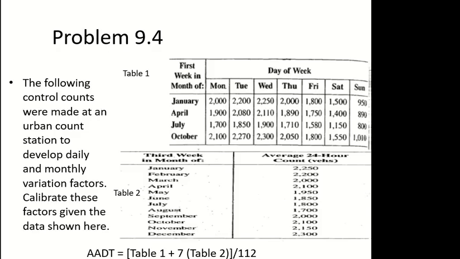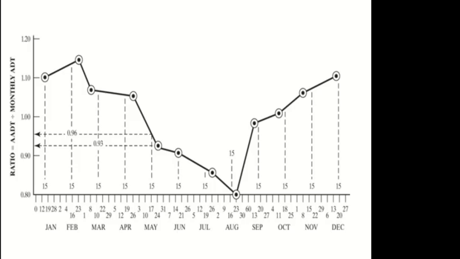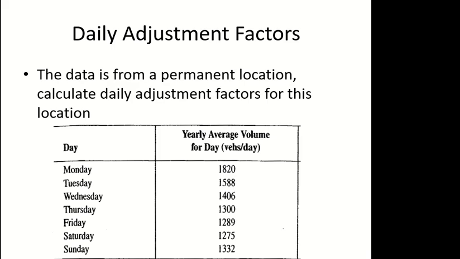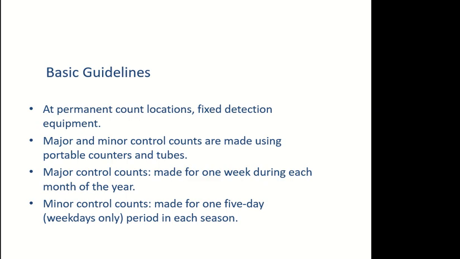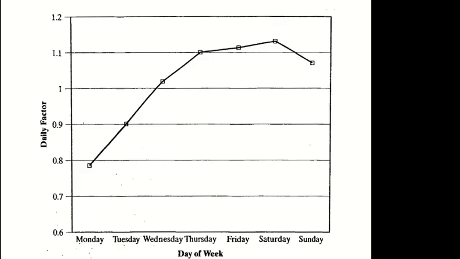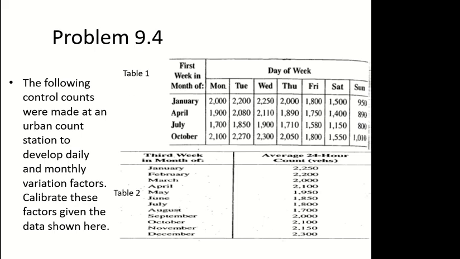Okay, in this example, this is an example for 1 control point. Now we are talking about a statewide program, right? We are talking about a statewide counting program. So obviously we will not have 1 control point. We will not have 1 control count.